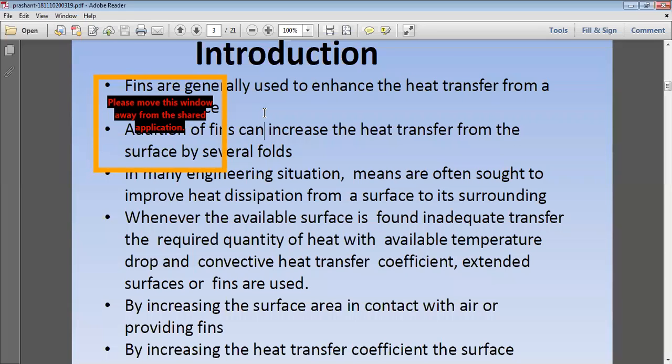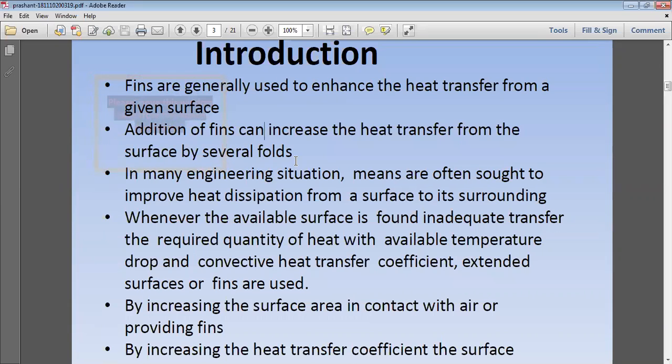Extended surfaces are called fins. The addition of fins can increase the heat transfer from the surface by several folds.